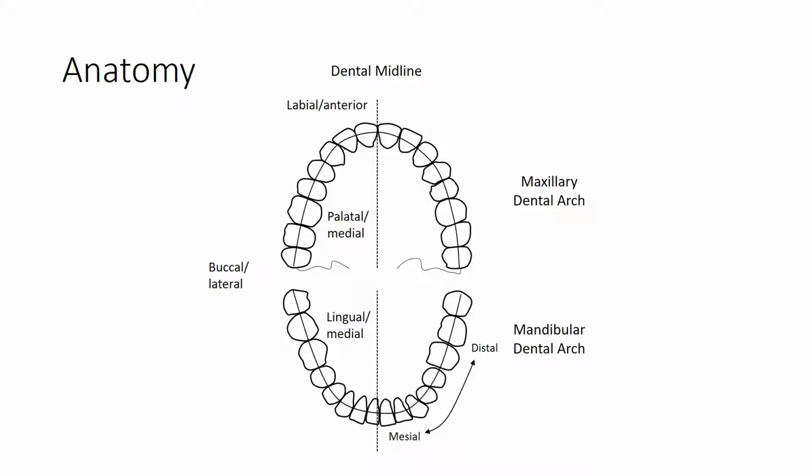Conversely, the term distal describes structures which are further from the midline of the dental arch. For example, further away from the central incisors. Not only can individual teeth be referred to as mesial or distal within the arch, but on any given tooth there is a mesial aspect and a distal aspect, for example, of this first molar.